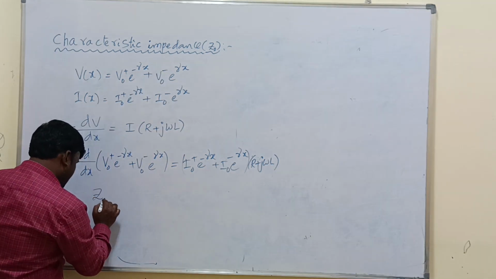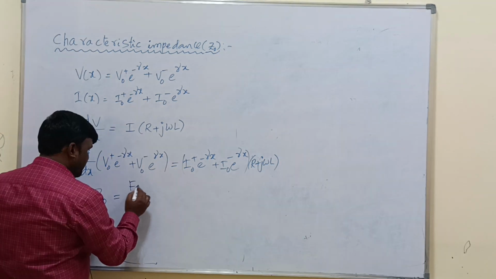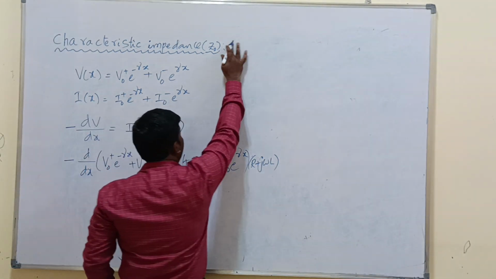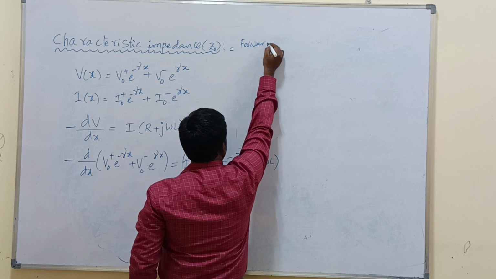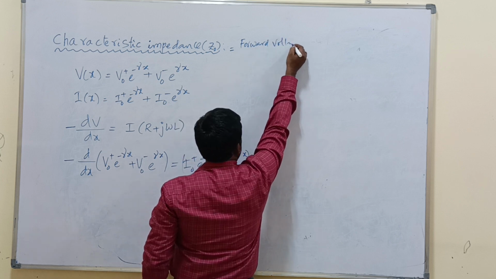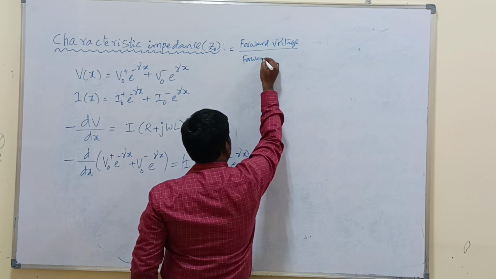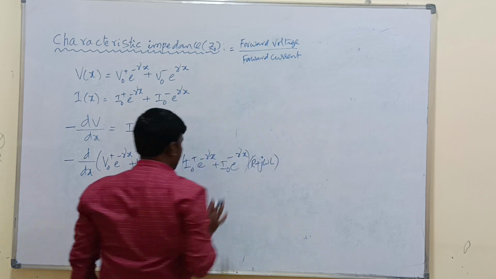It is defined as the forward voltage to the forward current. That is the definition of characteristic impedance.